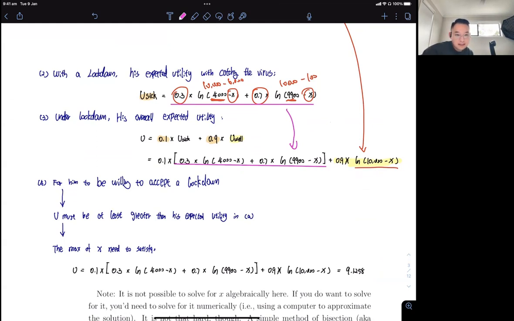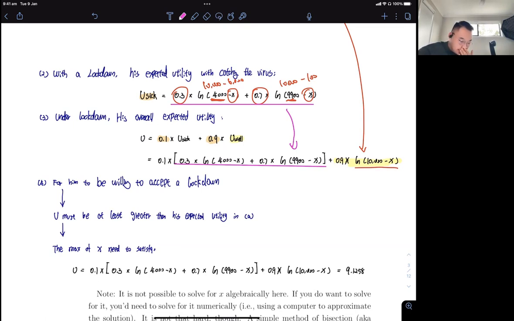He would do a protest and ask his friends to walk out of the home, not doing the lockdown. So therefore, the utility in question A, which is the utility without a lockdown, needs to be no greater than his overall expected utility under the lockdown.